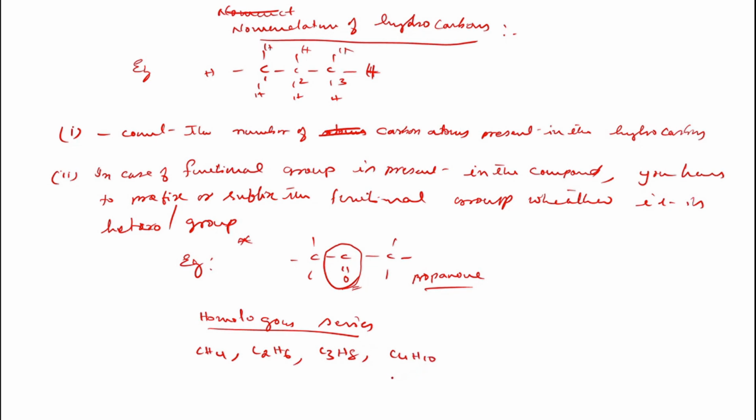These are all the important compounds of alkanes, we know. See, now what we have to discuss? Homologous series. So what is the meaning of that? That we will see now.